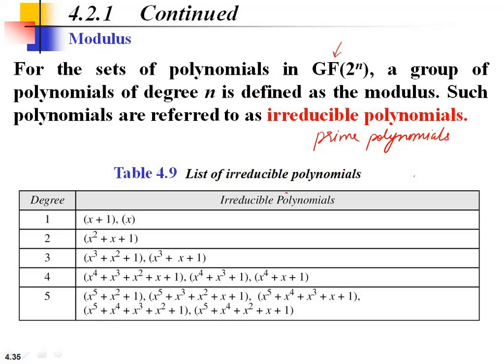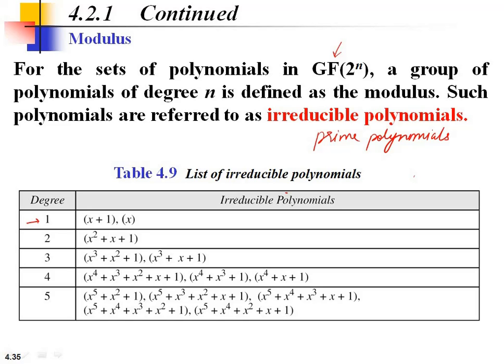Why prime polynomials? Because they cannot be further factored into some other smaller polynomials. So for example, for the degree 1 we have two irreducible polynomials, that is x plus 1 and x. These are the two irreducible polynomials, also known as the modulus. Similarly, for 2 we have defined this kind of prime polynomial.